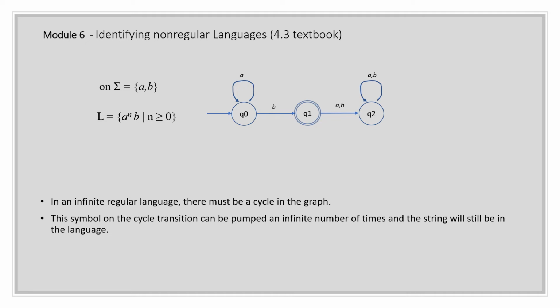That's what pumping is. ab is in this language, aab is in this language, 1,000 a's and 1 b is also in this language. I can keep pumping that a, and I'm still going to produce strings that are in this language.